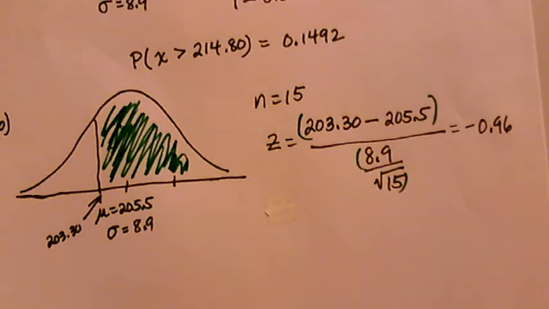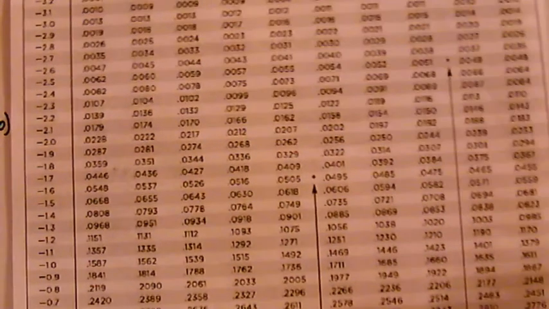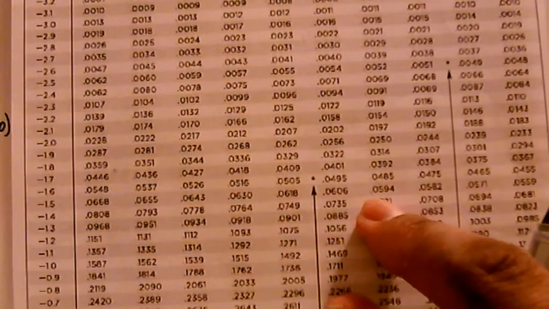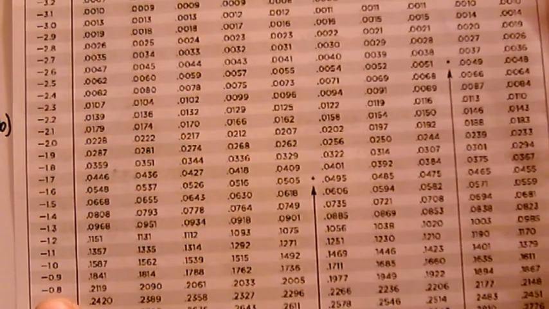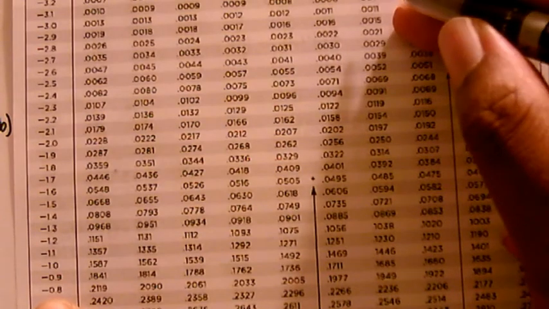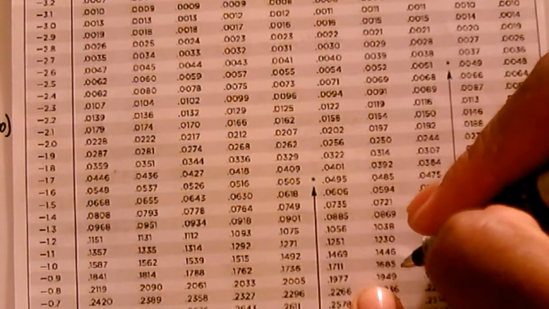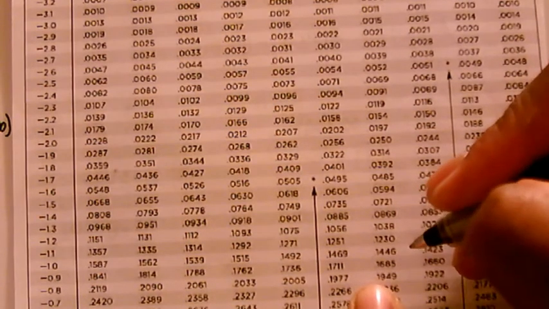And then we pull up our table to find negative 0.96. Okay, negative 0.9 is over here. And this column right here represents 0.06. So read across to negative 0.9 and down to 0.06, it will be 0.3685.